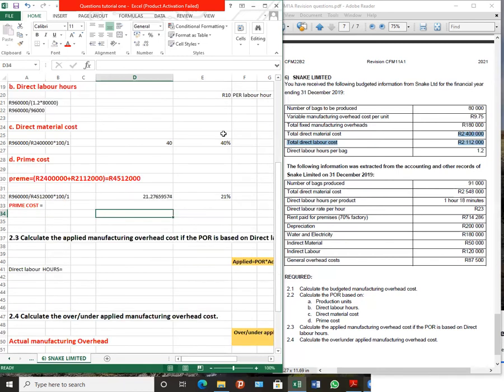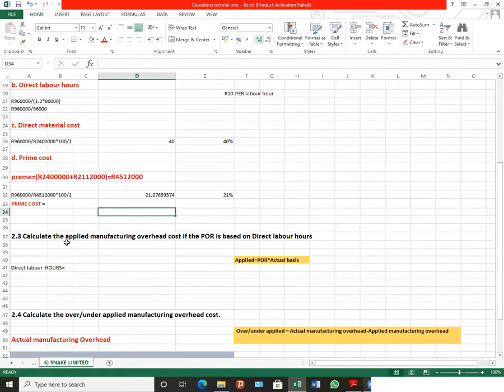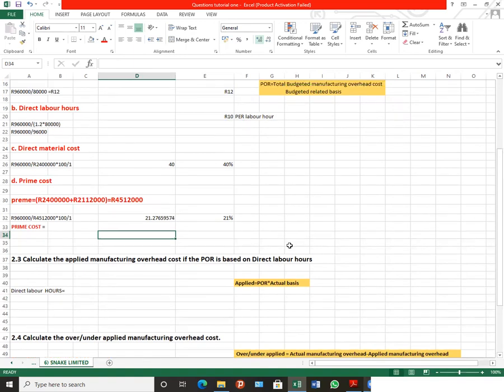Here, guys, calculate the applied manufacturing overhead if the POR is based on direct labor hours. The formula to calculate applied, guys, write down, is equal to POR times actual basis.